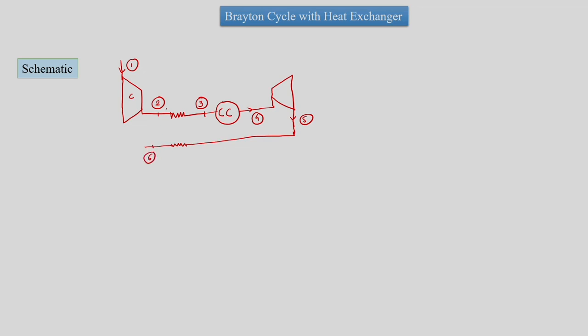This heat transfer takes place from state 5 to state 6, and this heat transfer unit is called the heat exchanger. This is the turbine. This is the arrangement, or schematic, for the Brayton cycle with heat exchanger, where this is the exclusive heat exchanger we are going to see.